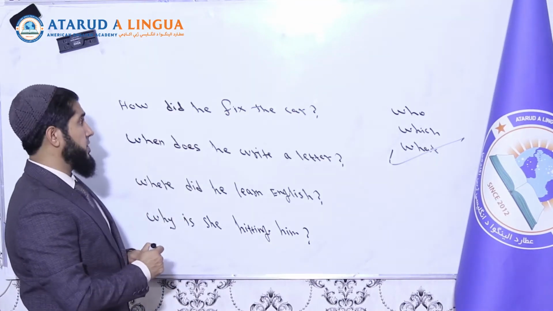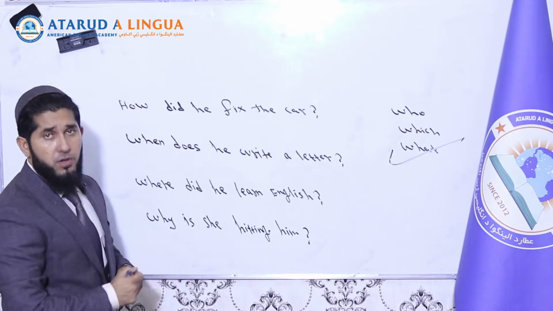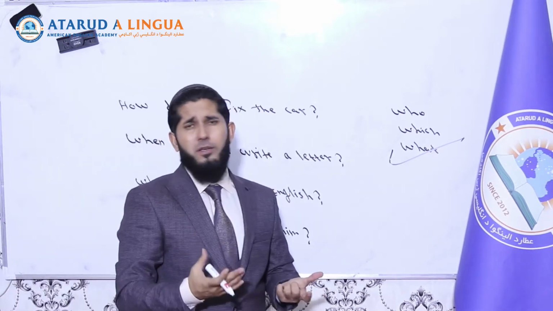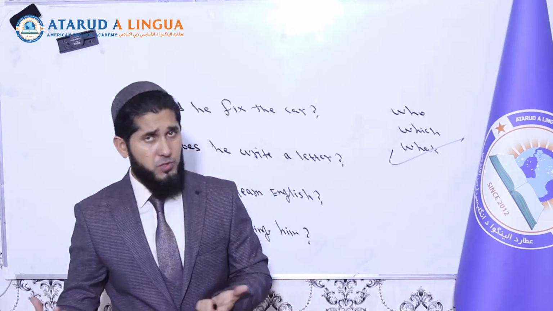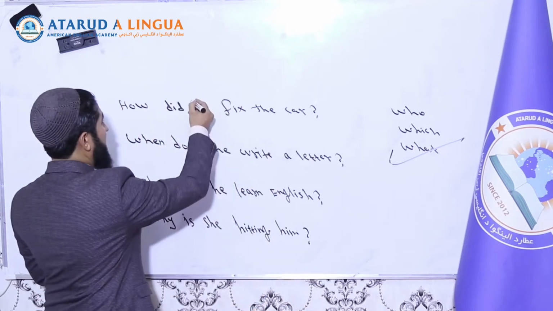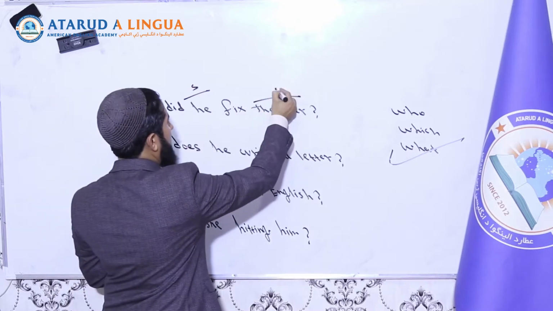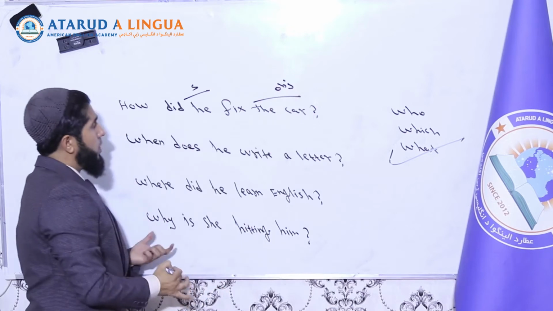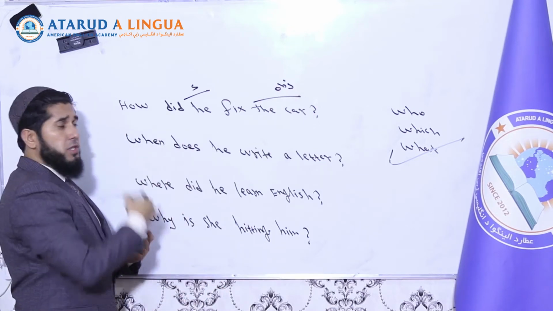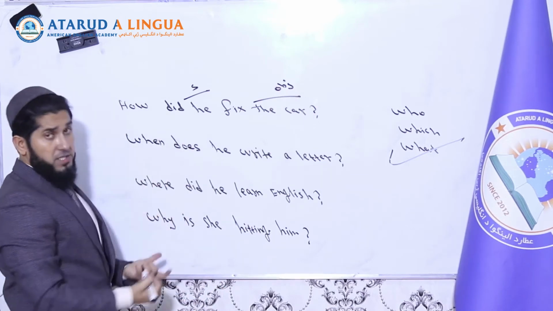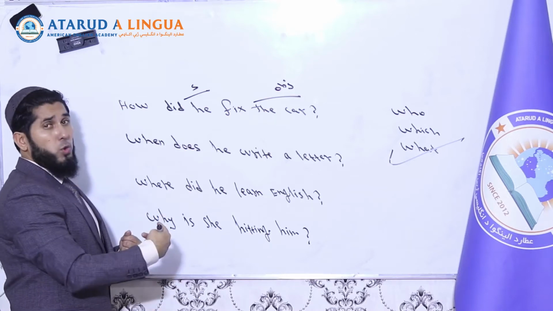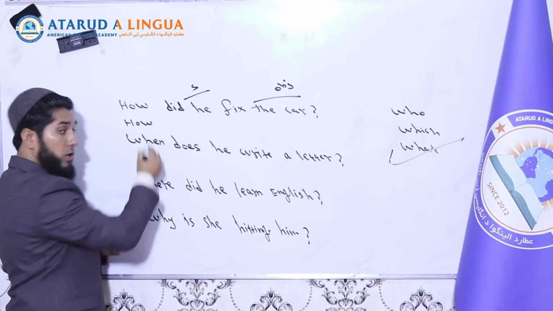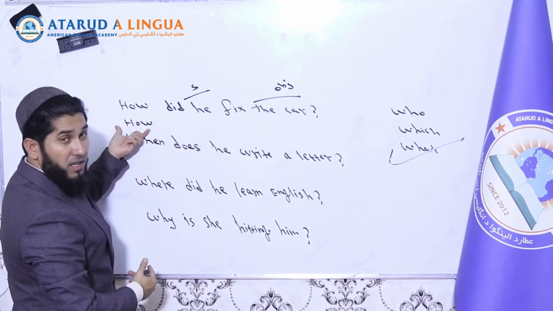So look at the first question. How did he fix the car? Our WH question word doesn't function here as a subject or as an object, because we have the subject over here and the object over here, okay? In order to change this kind of sentence from active to passive form, the general rule is that you bring the same WH question word at the beginning of your passive sentence.